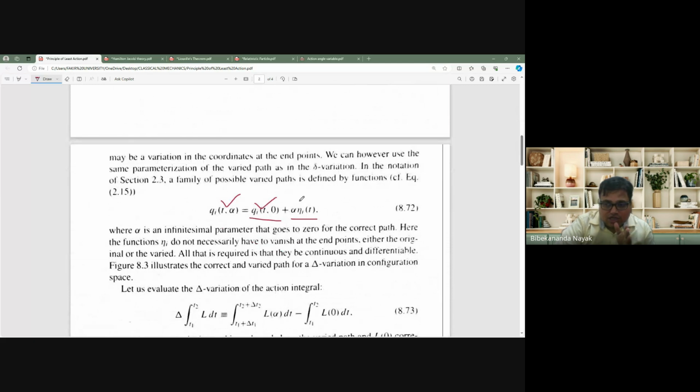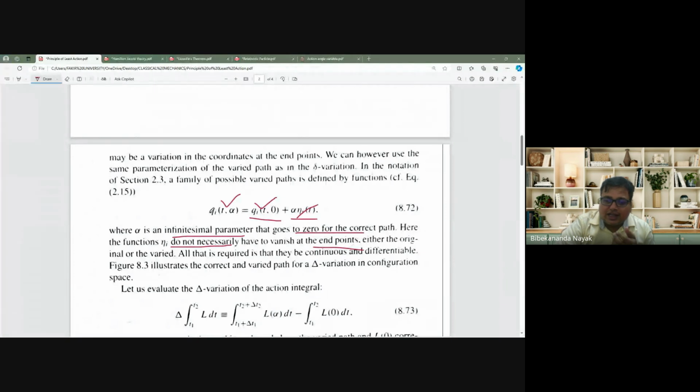For all paths the endpoints are the same, starting at t1 and ending at t2. That means this term eta(t) is 0 when t is equal to t1, and 0 when t is equal to t2. The second thing is, for the exact path alpha is equal to 0. Alpha is a parameter that goes to 0 for the exact path, and the function eta necessarily has to vanish at the endpoints. Clear?